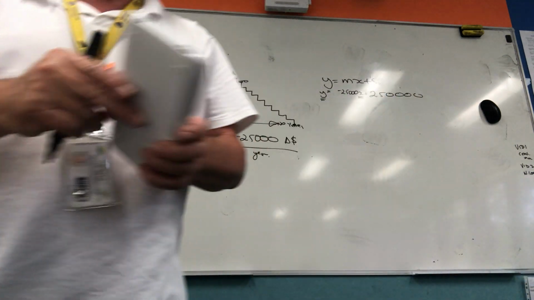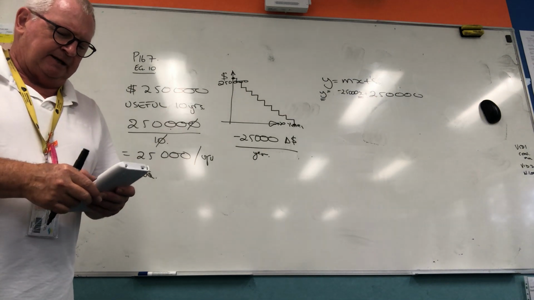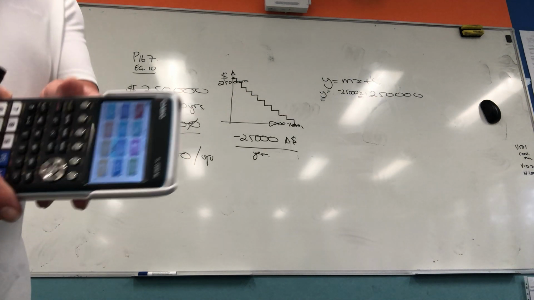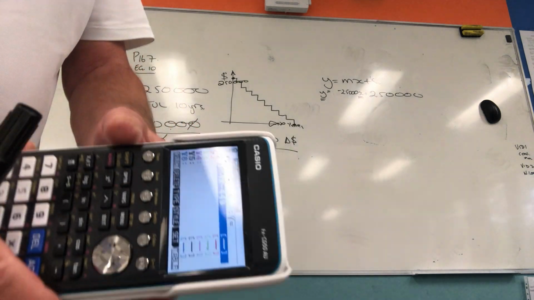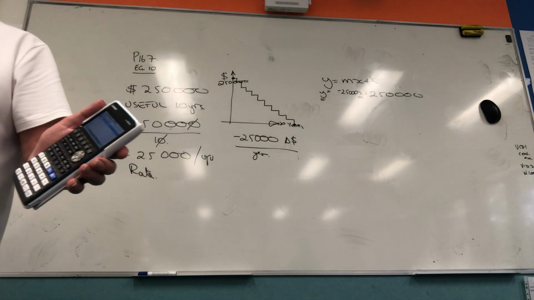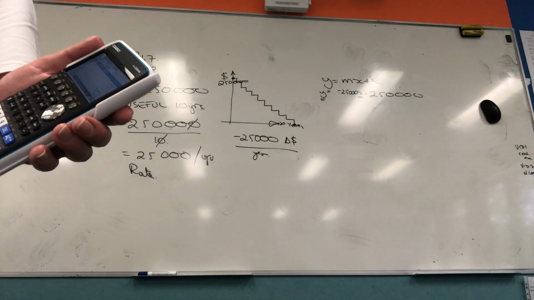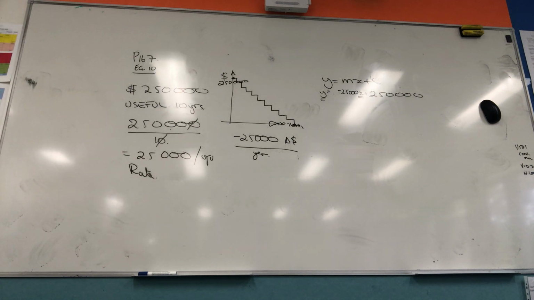Now, where do I put it in? Unfortunately, I don't have a calculator on the screen because no one's bought me one. So I go menu, menu 7. And menu 7 is a table. Hit menu, and then hit 7.